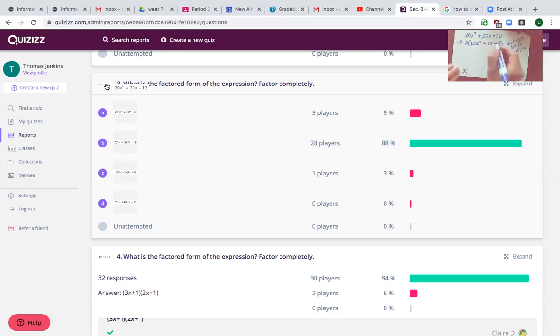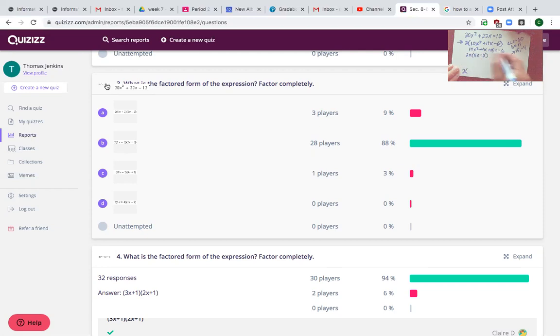Now my focus is on what's in the parentheses. We're going to rewrite this as 10x squared, minus 4x plus 15x minus 6. GCF of the first two terms is going to be 2x, so 2x times the quantity 5x minus 2.